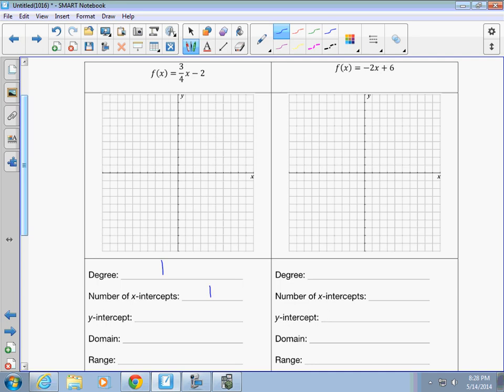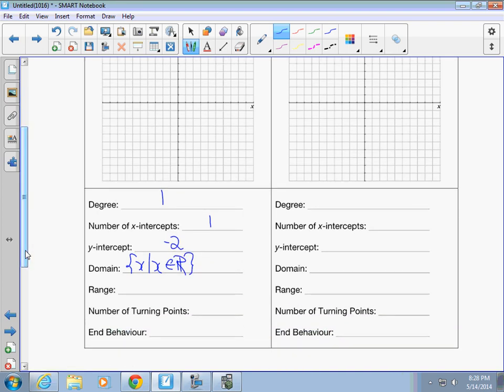Our y-intercept would occur at, in this case, negative 2, because that is our b value. Our domain for this one is a set of values for x such that x is an element of real numbers, because you can substitute anything into it. Our range then, set of values for y, such that y is an element of real numbers.